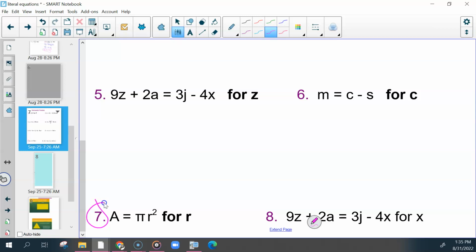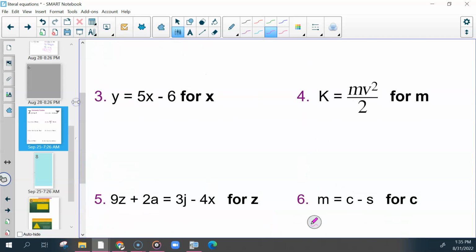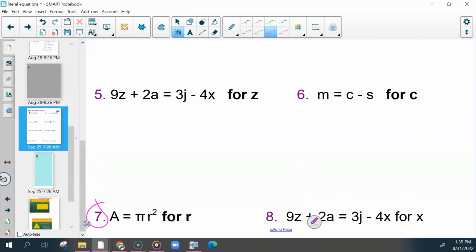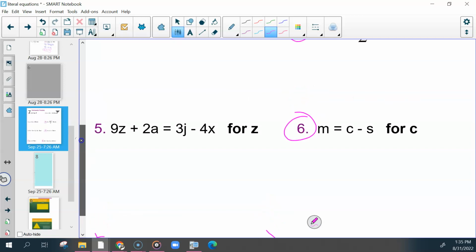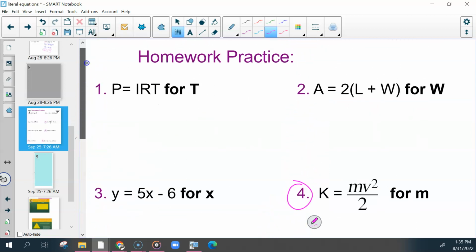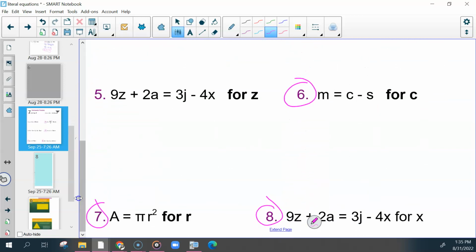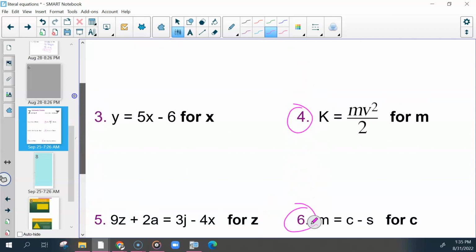Any others, Casper? 4. 8. And 6. Any others? We got 4. That's 4, 6, 7, 8. And we'll start with those.